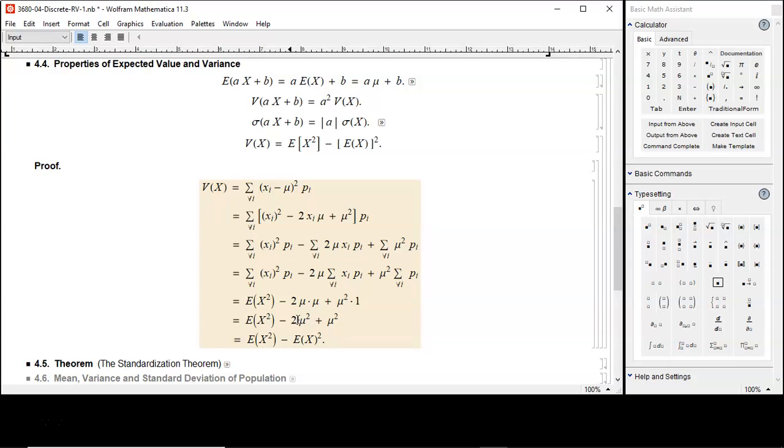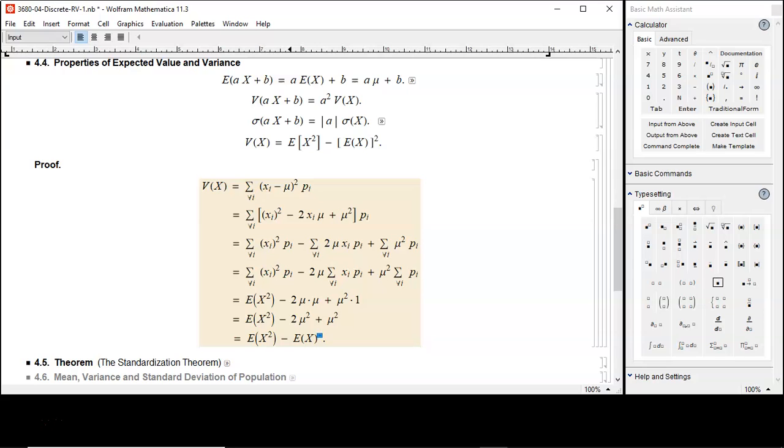So we have 2 mu squared and then plus mu squared, so we have just mu squared subtracted out. But then again, I wrote E of x squared, so just for aesthetics, people tend to write it like this: the expected value of x squared minus the square of the expected value.